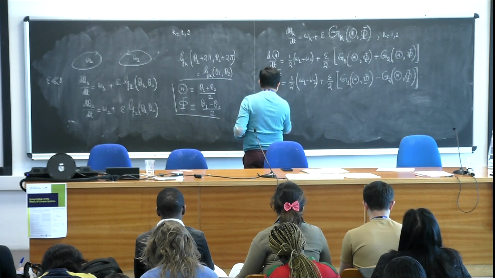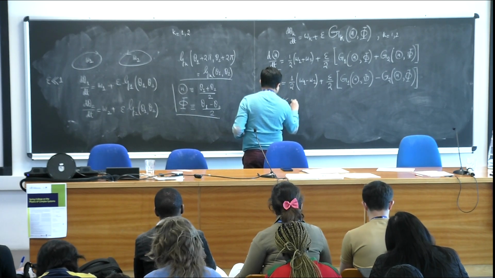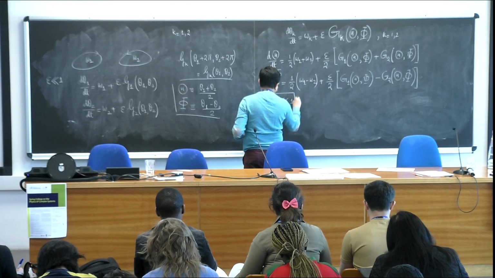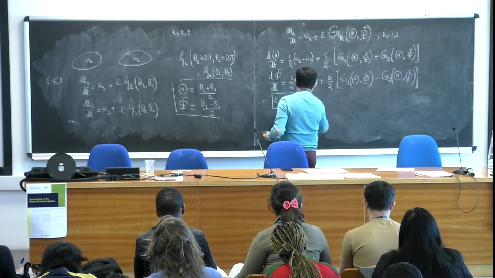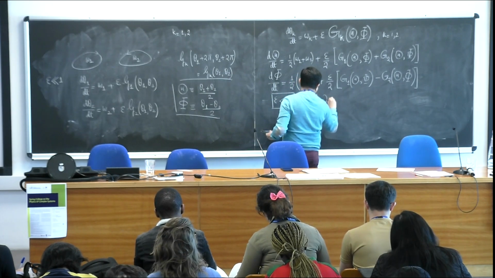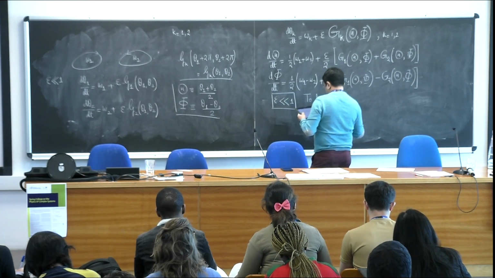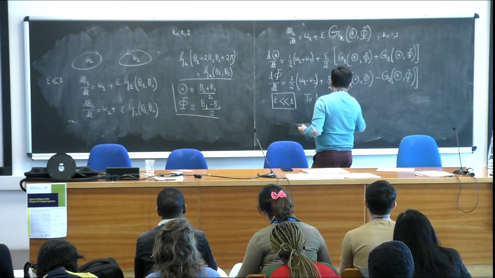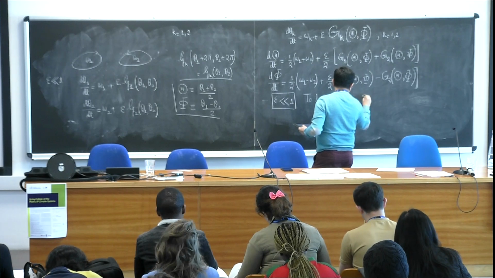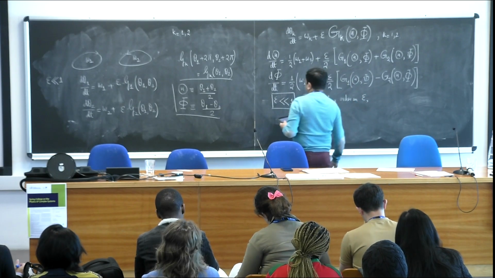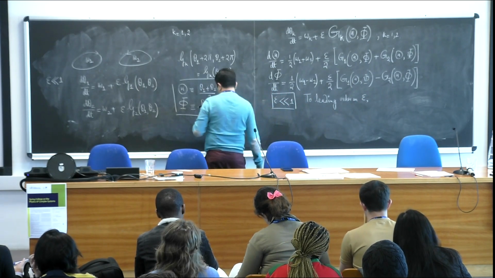But now I use the fact that since epsilon is much smaller than 1, to leading order in epsilon, can somebody tell me what is the solution for this? Leading order epsilon, what would be the solution for these two?